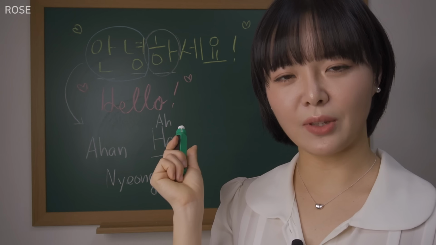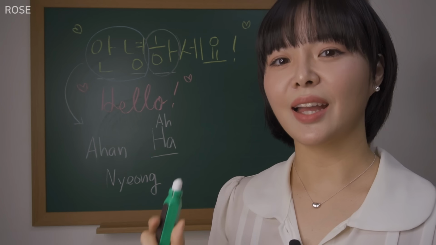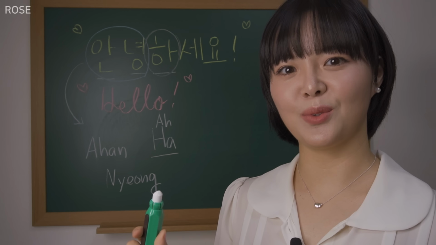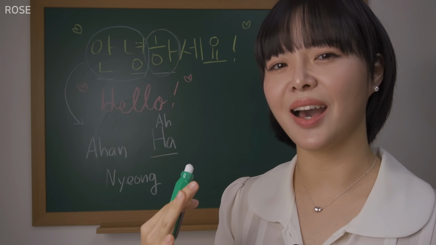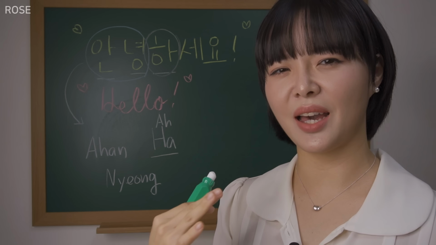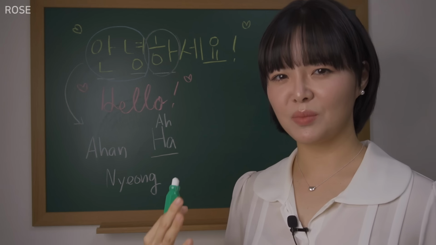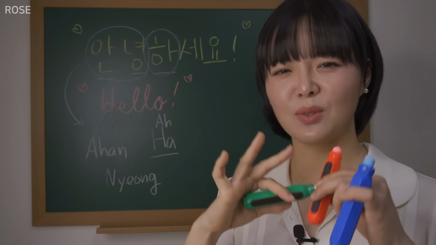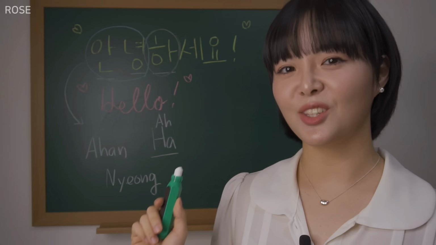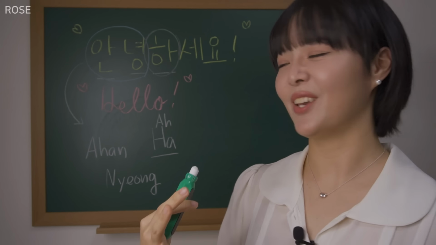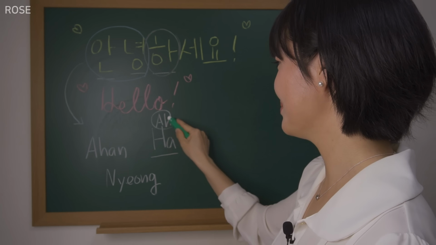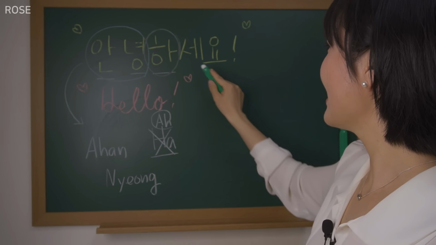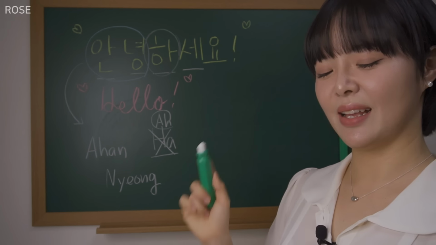Listen carefully, it's more like ah, not ha. If you say ha, it becomes like this, 안녕하세요, right? So let's make it smoother. 안녕하세요. So it's ah, okay? Not ha, but ah.